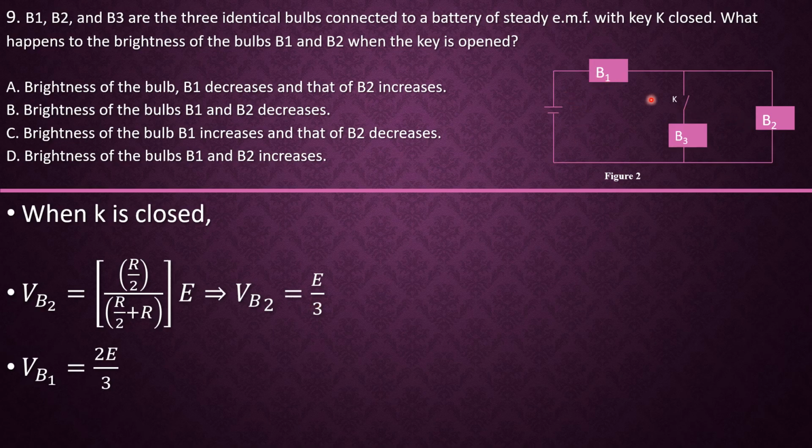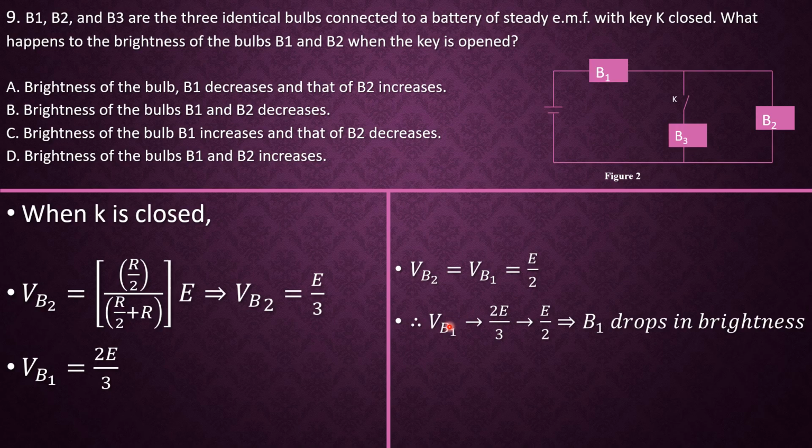When K is closed, what is our VB1? If this is already E over 3, which is the PD drop across the combination, then the PD dropped across this bulb will be 2E over 3, because of course the EMF is shared between these two resistors. Now when this switch is open, B1 and B2 are in series, and they share the EMF. Because they have equal resistances, they share it equally, E over 2, E over 2.